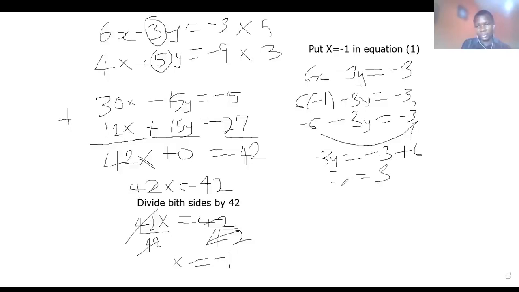Minus 3y divided by minus 3, just divide both sides by minus 3 so that our y can stand alone. So y is equal to minus 1.